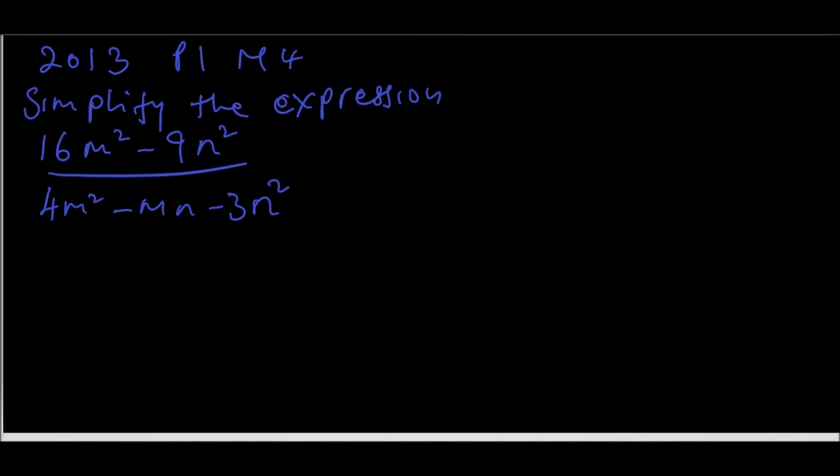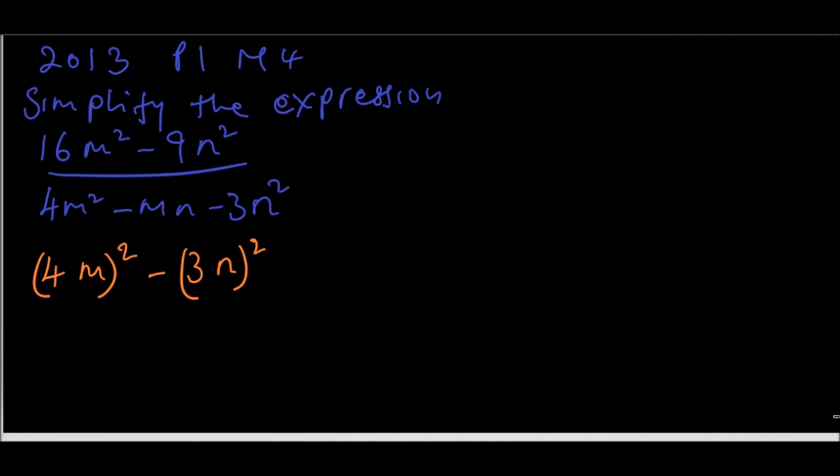Now, for us to be able to do this question, let's look at the numerator. The numerator, we can write it as (4m) squared, that is the same as 16m squared, minus (3n) squared.